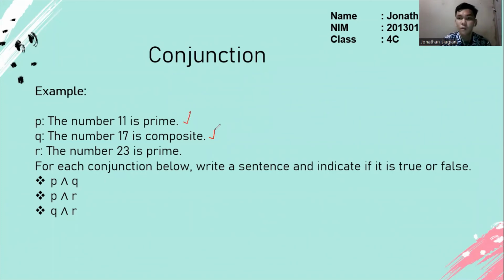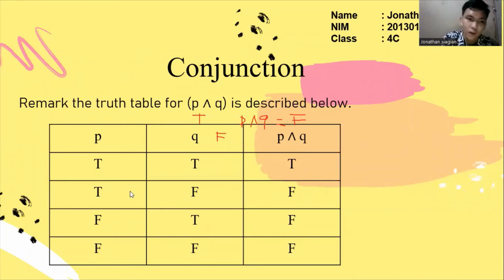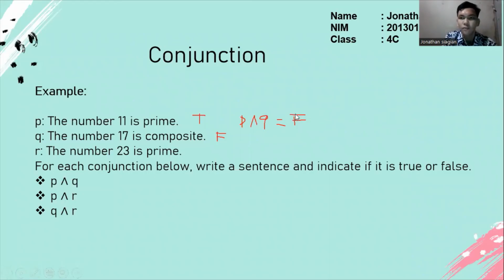From the table of conjunction, if statement P is true and statement Q is false, then P conjunction Q is false. So the first conjunction, P conjunction Q, is false.